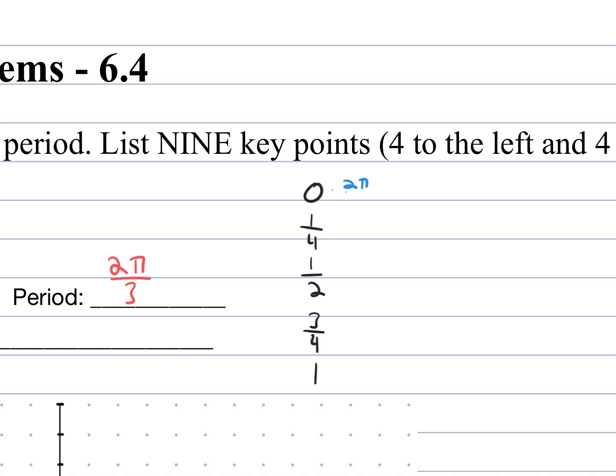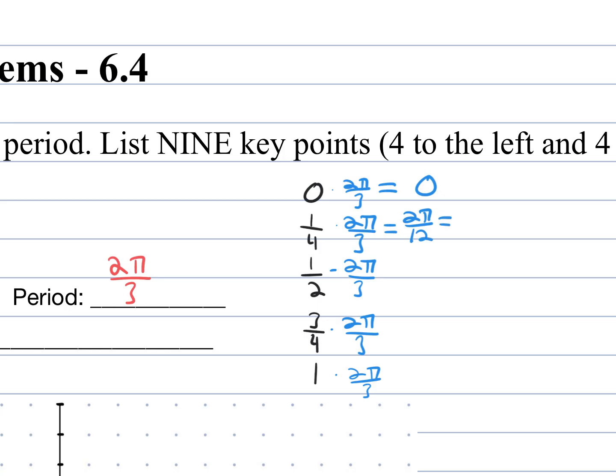So times 2 pi over 3, times 2 pi over 3, times 2 pi over 3, times 2 pi over 3, times 2 pi over 3. 0 times anything is just 0. All right, so 2 pi times 1 is just 2 pi. And then 4 times 3 is 12.